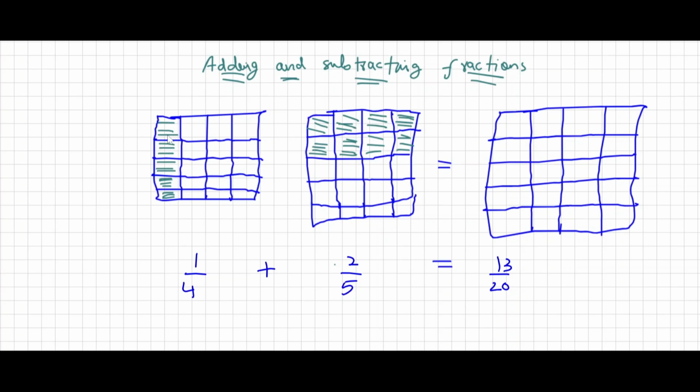You can see 1, 2, 3, up to 13. So in the final answer, we will cover 13 boxes. These are 5, and these are 5, and then in the last you will get 3 boxes, so you get 13 by 20. Good.